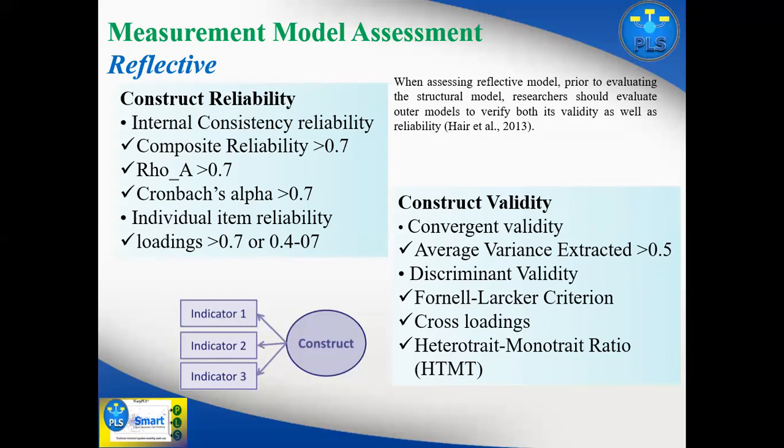If the AVE is achieved, then we leave any item that is from 0.4 to 0.7. But if it is not achieved, you delete items that are from 0.4 to 0.7. I don't know if I make sense here or you understand. This is about reliability. Do you understand or do you have any question?